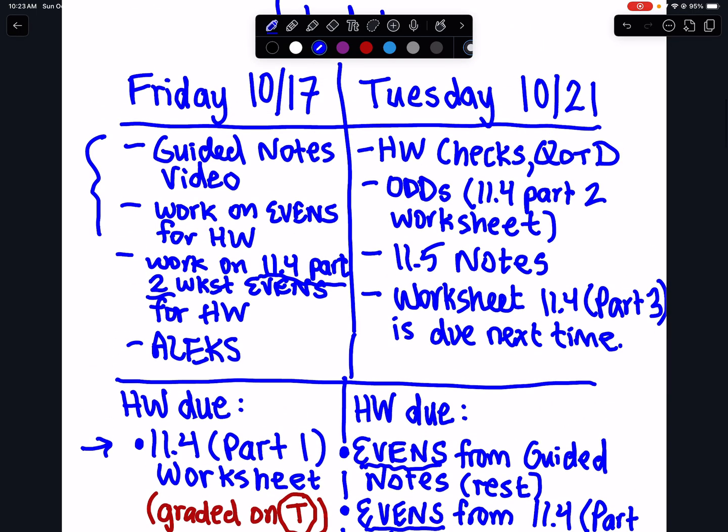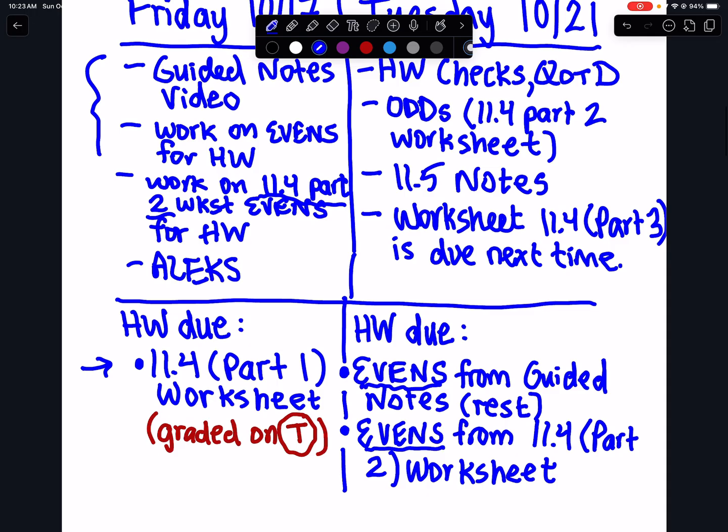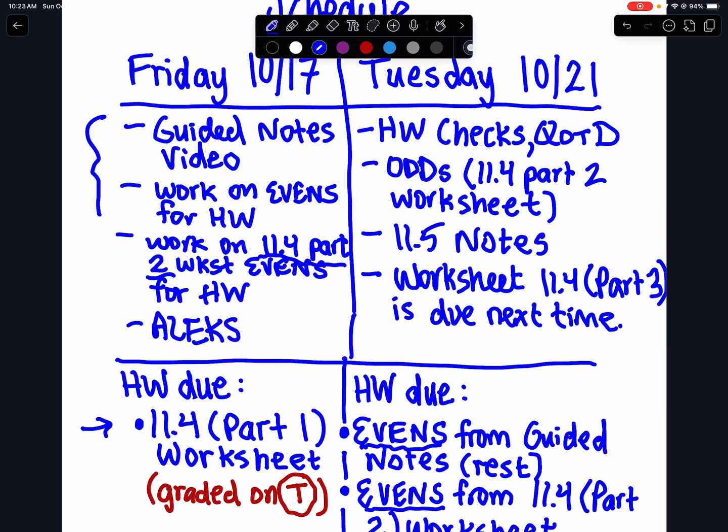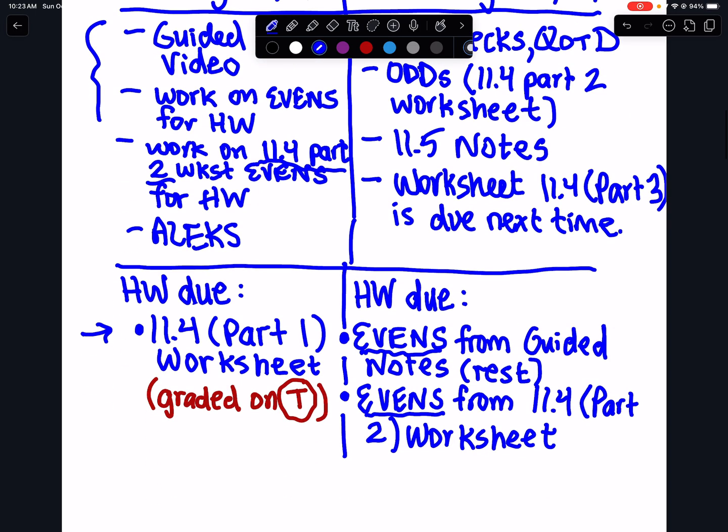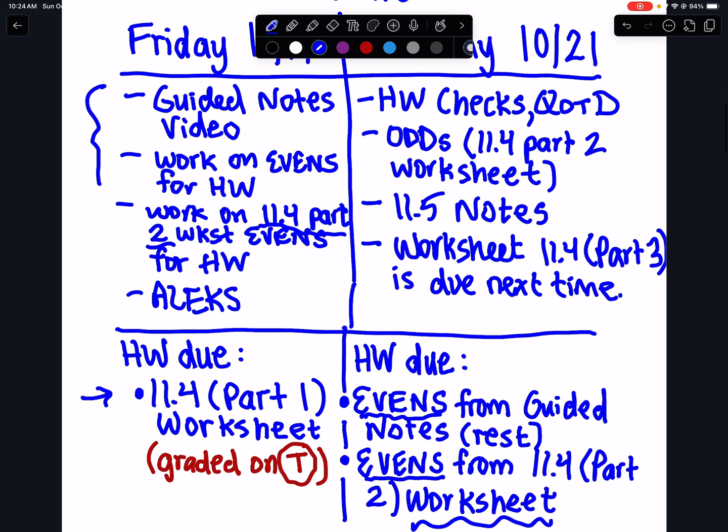Okay, and then looking forward into next week, we will do a lot of homework checks. We'll probably end up just providing you with the keys, because there's going to be multiple things to look at. There's at least 3. And then we'll take a look at the odds from the worksheet that you started, that you'll receive today.